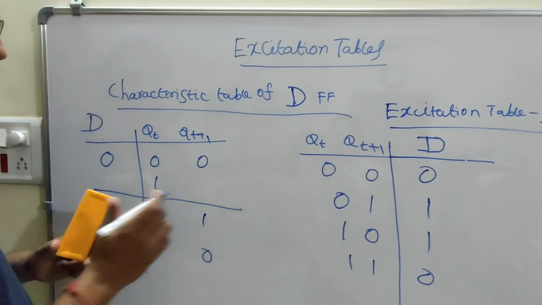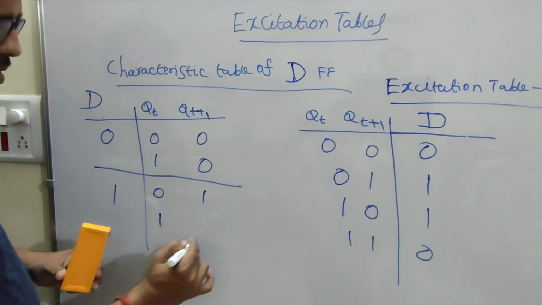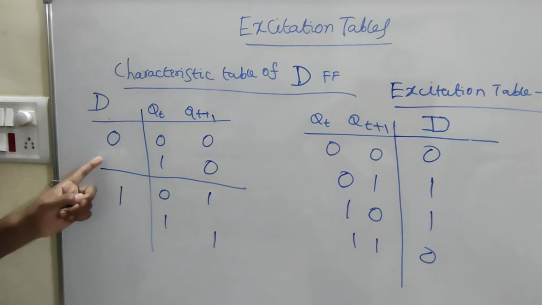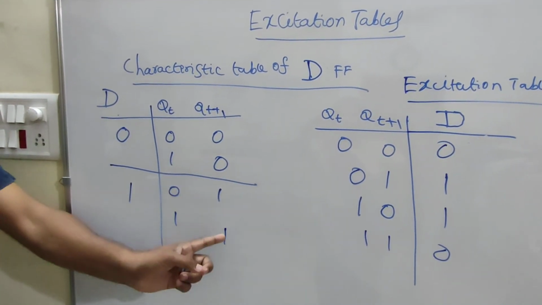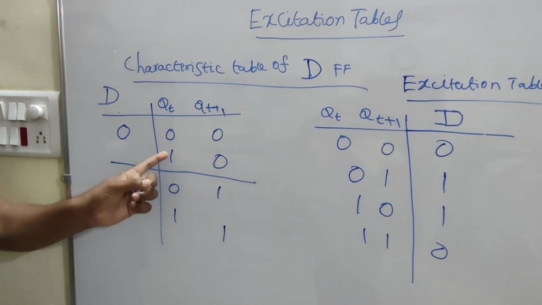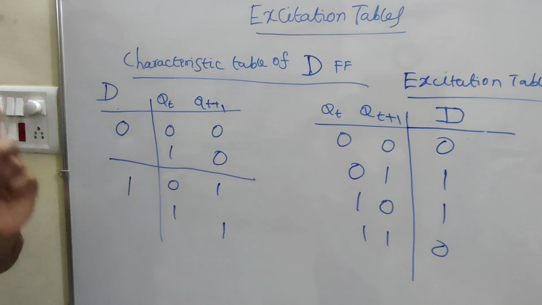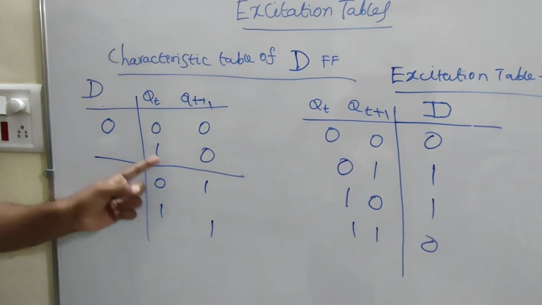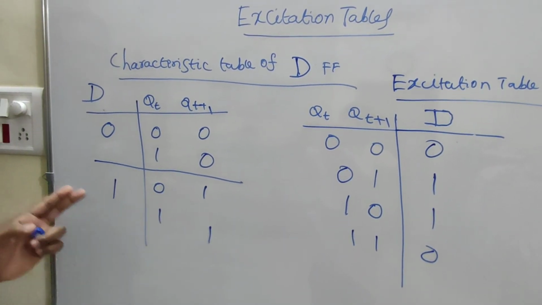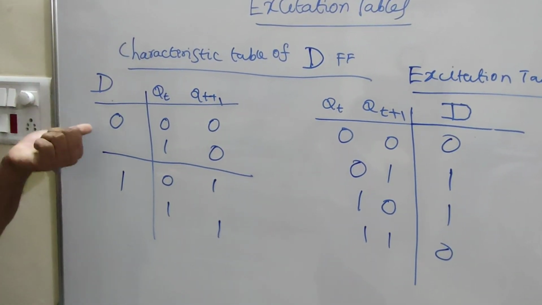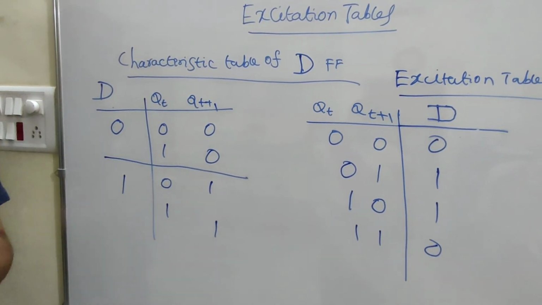Reset state. If D is 1, it is set state. If D is 0, the next state would be 0. If D is 1, the next state would be 1. Irrespective of the present value, when D is 0, the next state will be 0. When D is 1, irrespective of the present state, the next state would be always 1. So simply we can define that when D is 0, the flip-flop is in reset state. When D is 1, the flip-flop would be in set state.